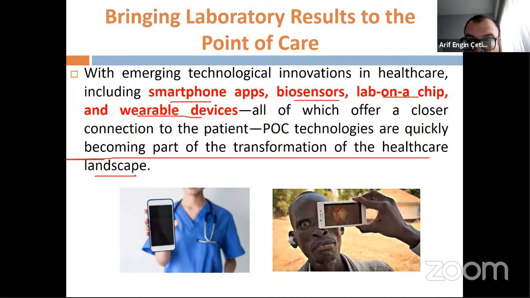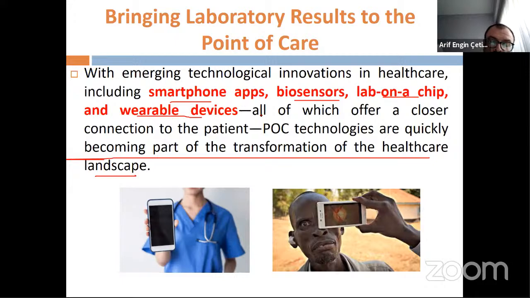For example, when you look at this picture, the smartphone is integrated with simple optics, and you can use this platform to diagnose eye diseases. This is called ophthalmology. Clinicians could use a smartphone to investigate any problem with the eye, take the image, and even take this image to a central lab to investigate the problem with other clinicians.